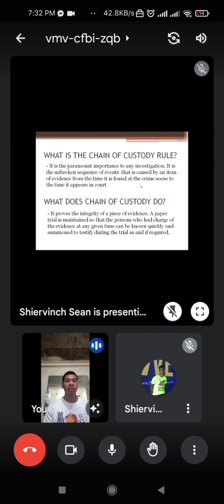So next is, what does chain of custody do? In chain of custody, it proves the integrity of pieces of evidence. A paper trail is maintained so that the person who had charge of the evidence at any given time can be known quickly and summoned to testify during the trial if required.